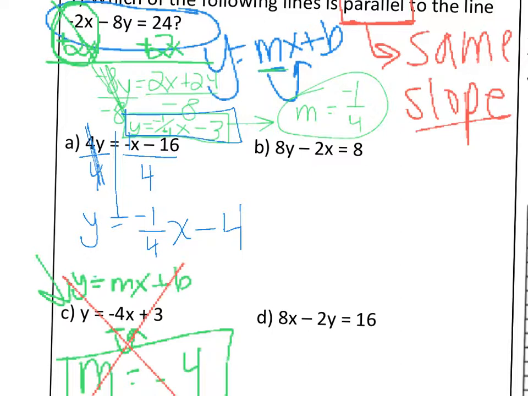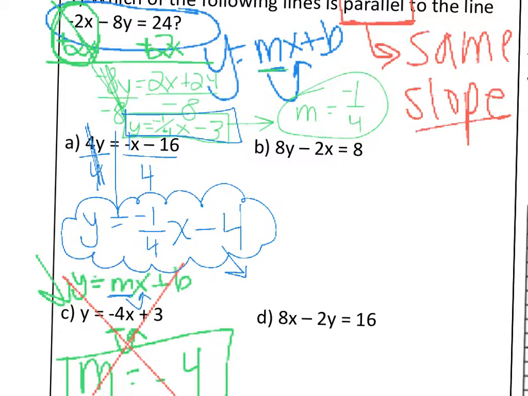So in this example, we found an equation now in slope-intercept form, where we should be easily able to see, because the slope is what's written next to x in the slope-intercept form, that the slope is -1/4. And since that is the same as the slope that was given to us, this is the correct answer choice.